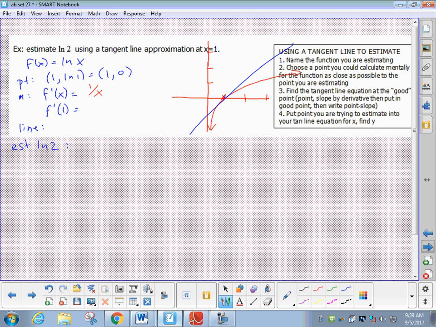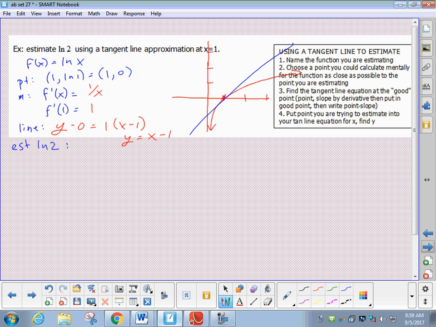The slope at 1 is 1 over 1, so 1. Your tangent line then is y minus 0 equals 1 times x minus 1. In its simplest possible form, I guess we could just say that's y equals x minus 1. That seems to make sense with my picture. Notice the picture, as always, serves to check your work as you're going to say, yeah, that seems right.